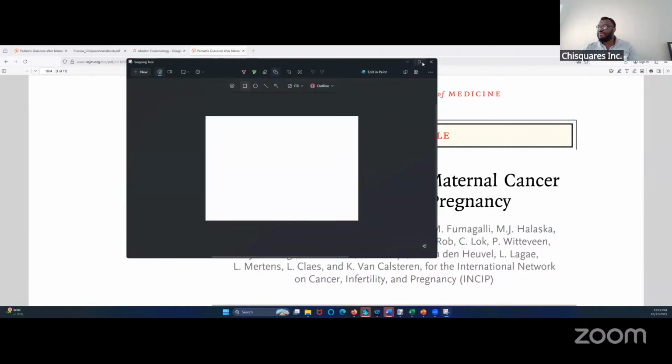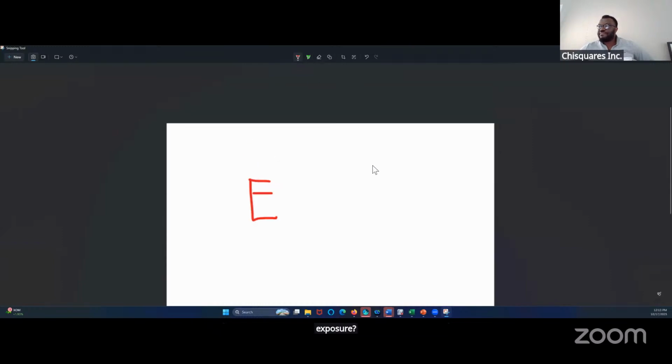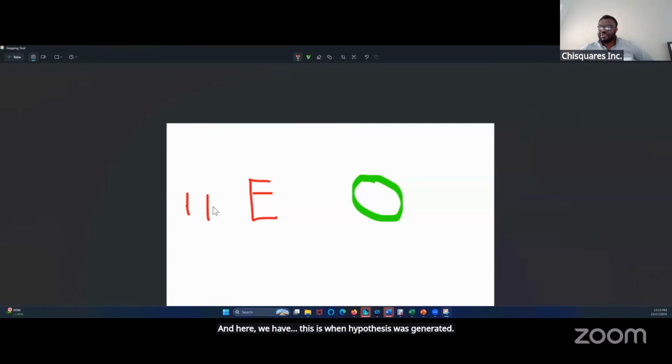Let me use this as our drawing board. All right, so here we have exposure. Here we have our outcome. And here is when the hypothesis was generated. So this is where the investigator generated a hypothesis. We collected data on exposure, and then we'll have the data on the outcome.